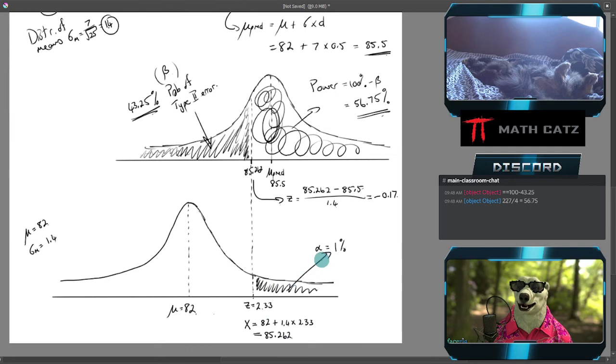That's the 1%, the alpha. And that'll be the wrong conclusion, rejecting it if it's actually true.